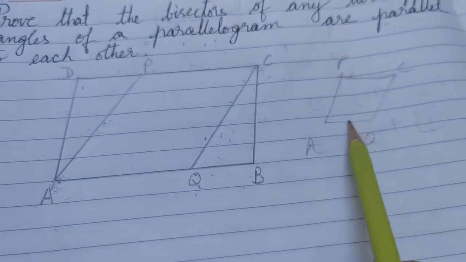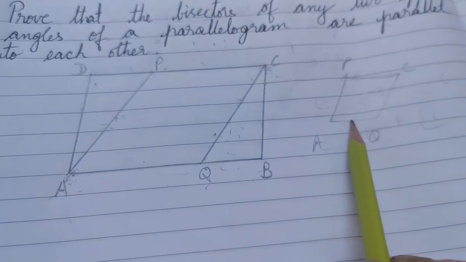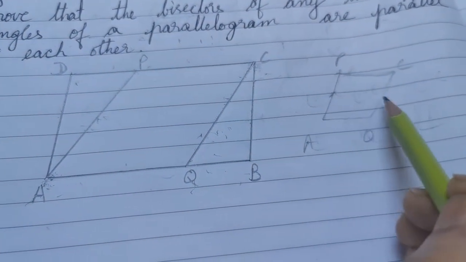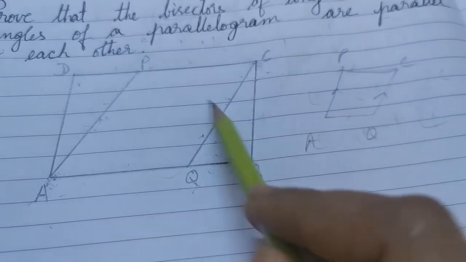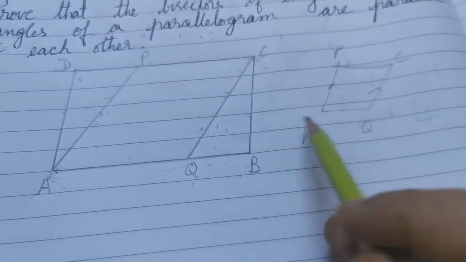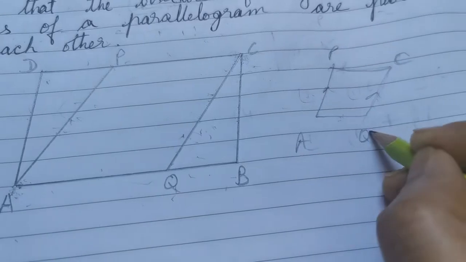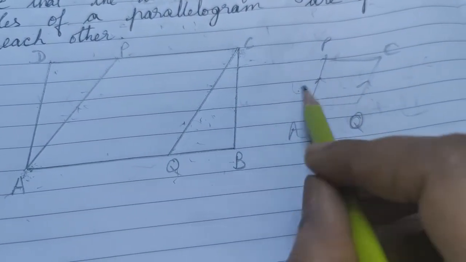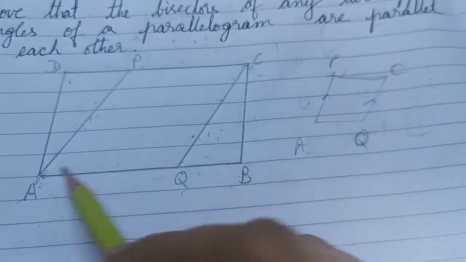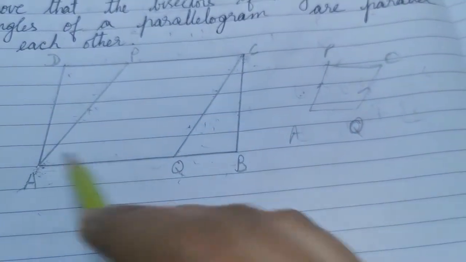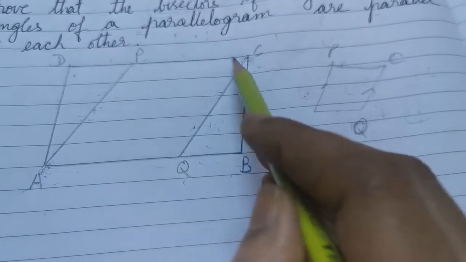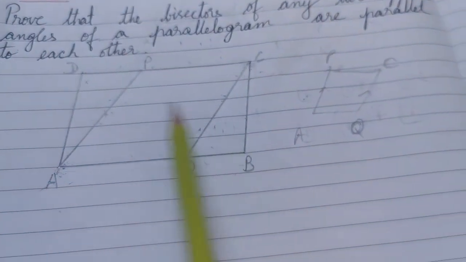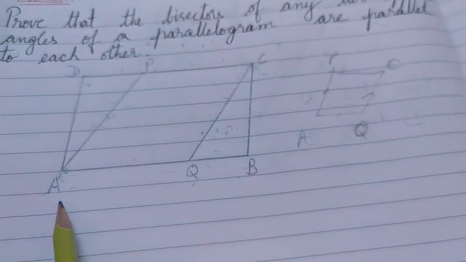Now if I prove that this is a parallelogram, then it is easy for me to tell that these two angle bisectors AP and CQ are parallel. Why? Because in a parallelogram the opposite sides are parallel. So if I prove that this newly formed quadrilateral is a parallelogram, then I can tell that AP and CQ are parallel to each other.